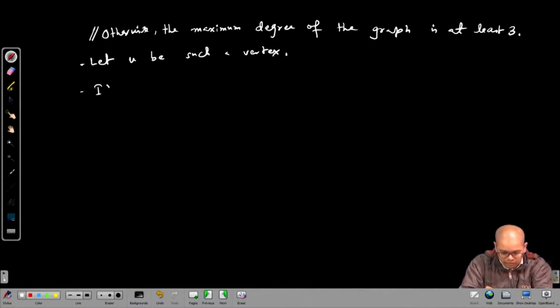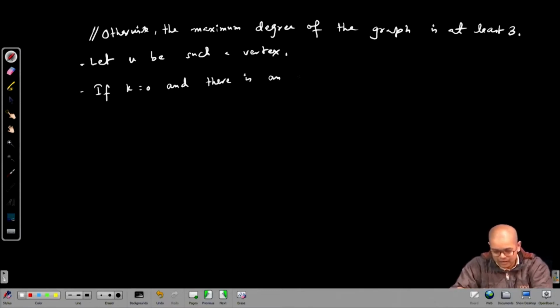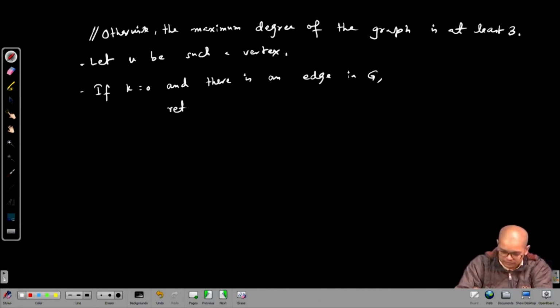If k is 0 and there is an edge in G, then return false.